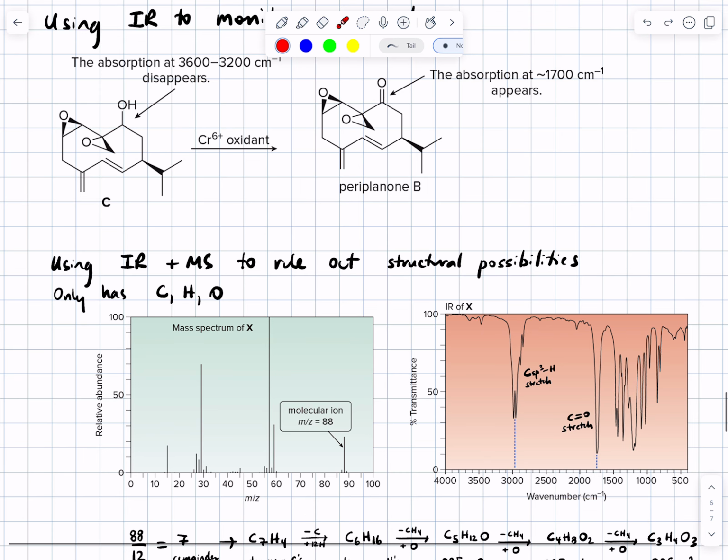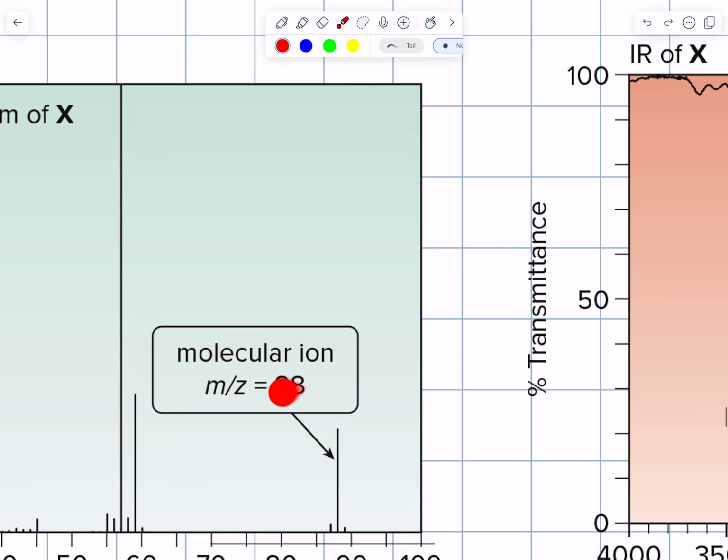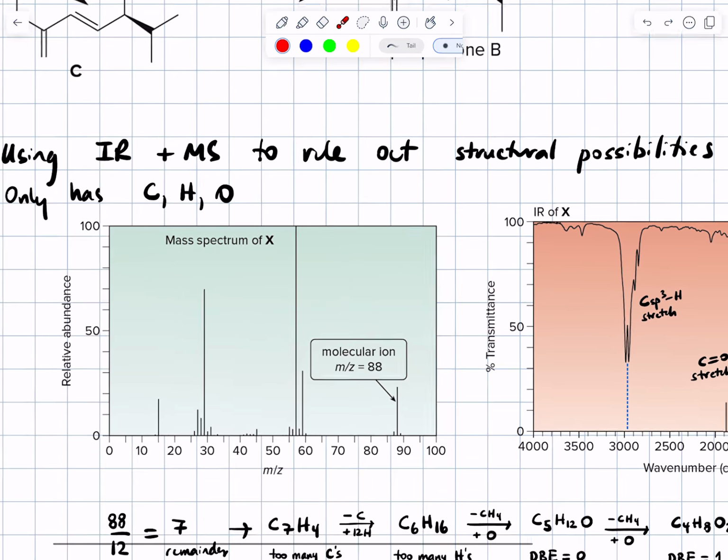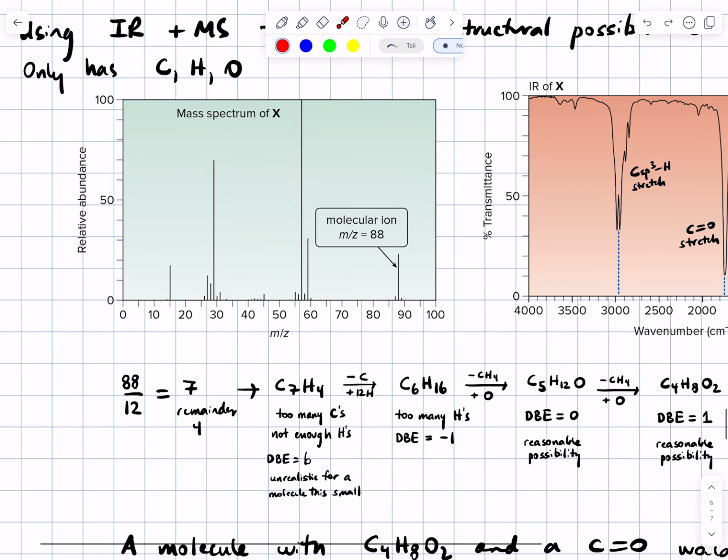So you know you have a molecule X. What is it? I don't know. It only has carbon, hydrogen, and oxygen in it. And the molecular ion, M over Z, is 88. Okay? So just looking at the mass spectrum, there is a way to figure out, and it's sort of just empirical trial and error, what types of molecular formulas have a mass of 88.